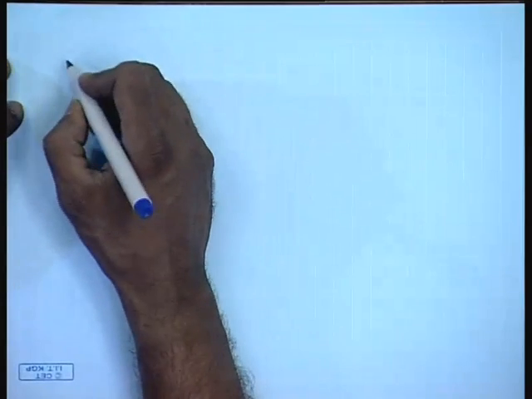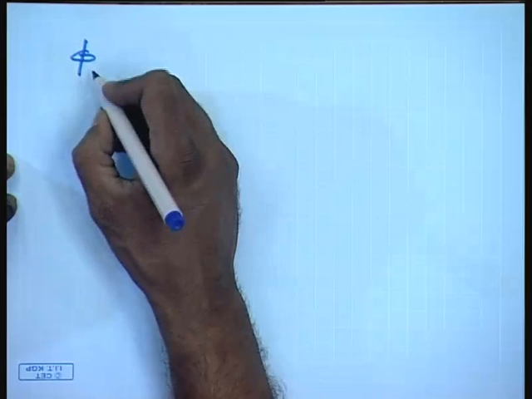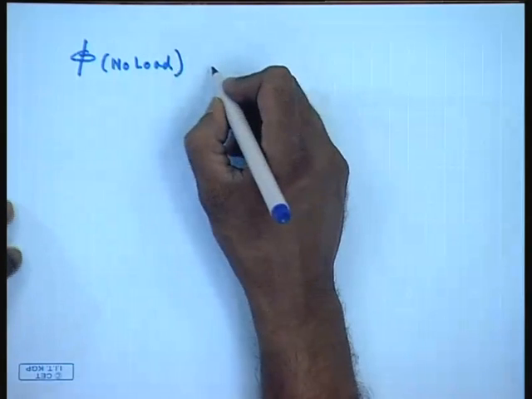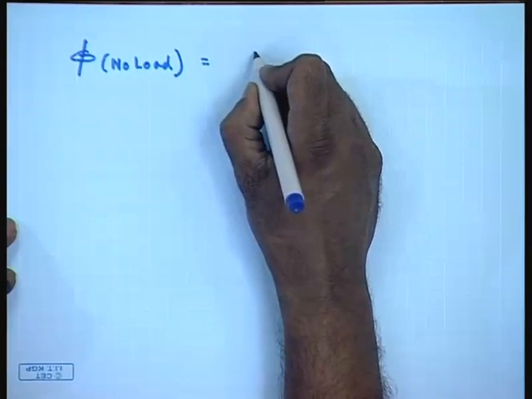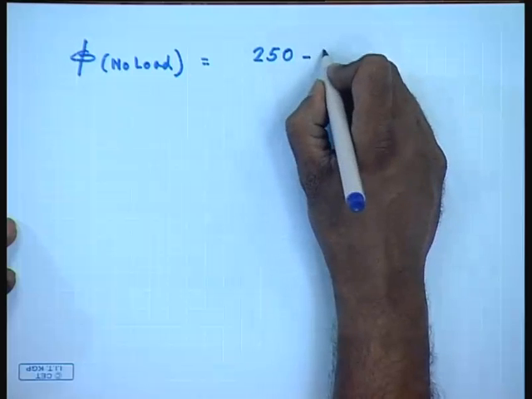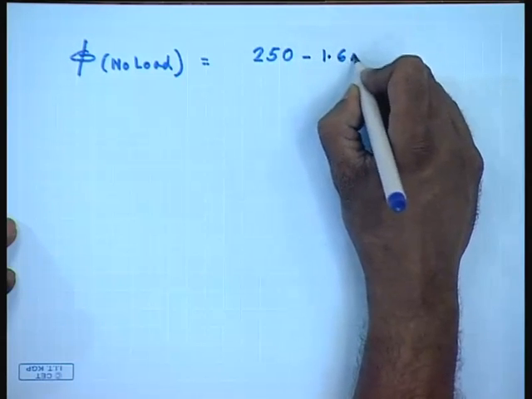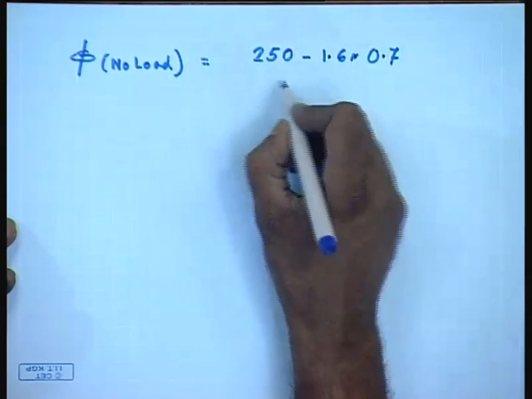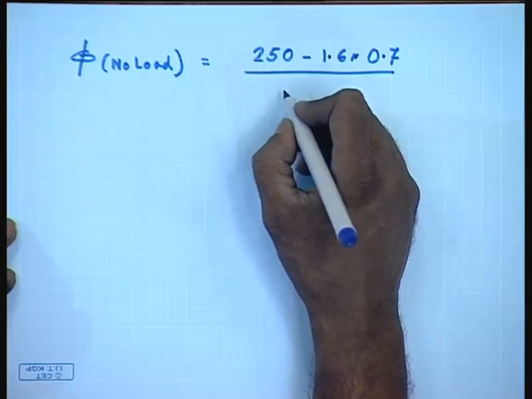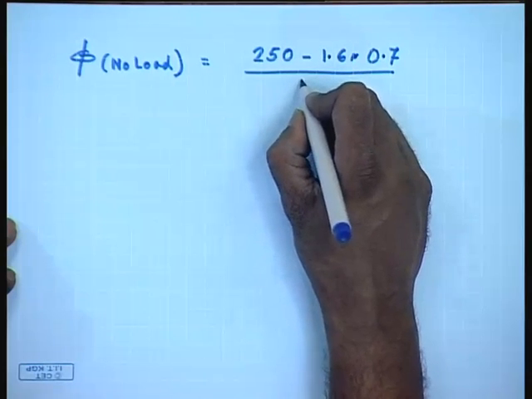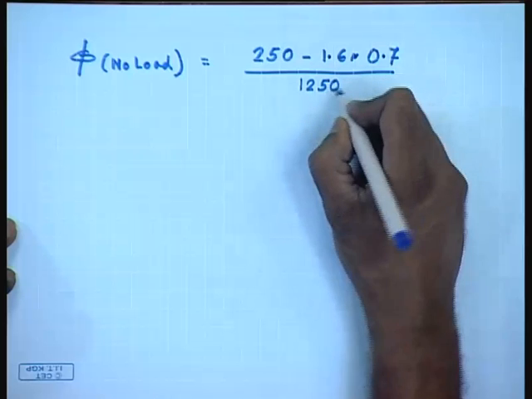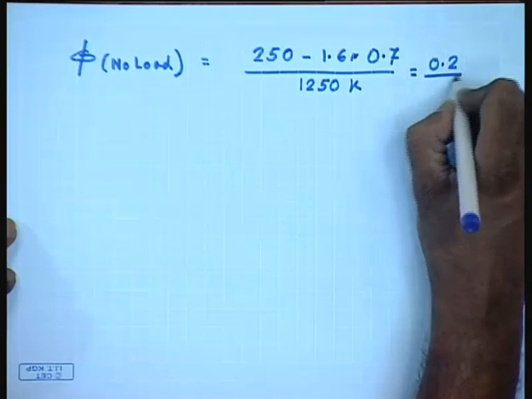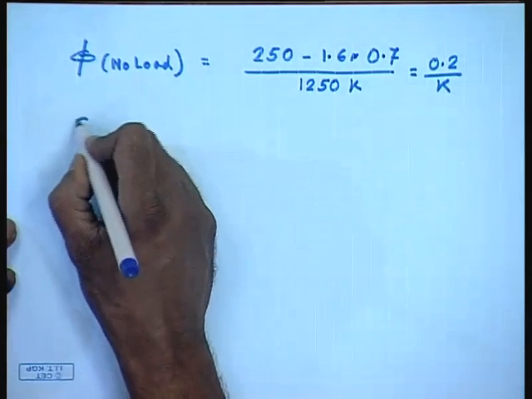So, phi at no load: V was equal to 250 volts, Ia was 1.6 amperes into Ra of 0.7, and the speed was 1250 rpm. So, this was equal to 0.2 by k.